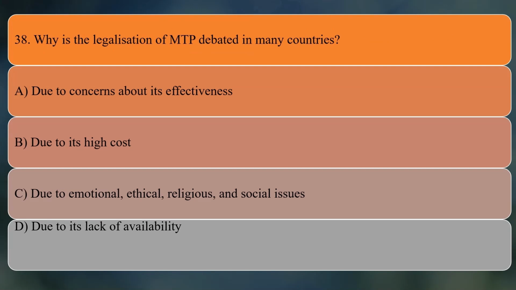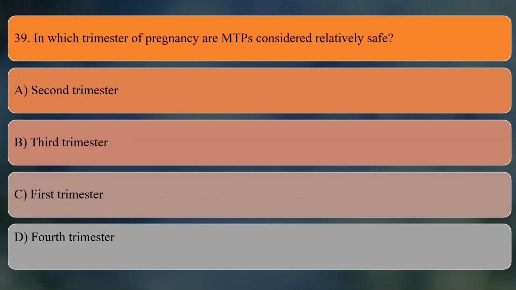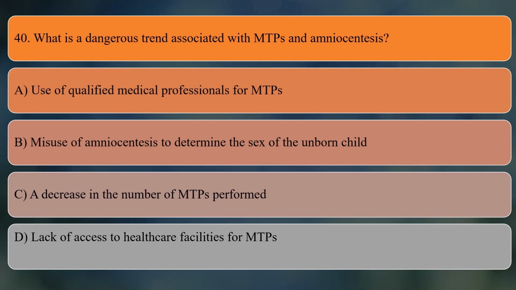Why is the legalization of MTP debated in many countries? In which trimester of pregnancy are MTPs considered relatively safe? What is a dangerous trend associated with MTPs and amniocentesis mentioned in the text?